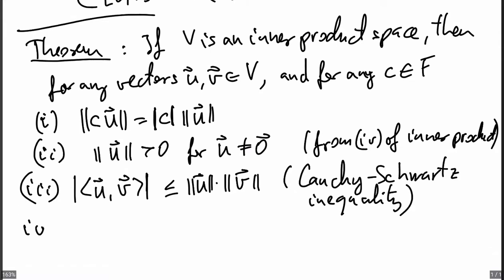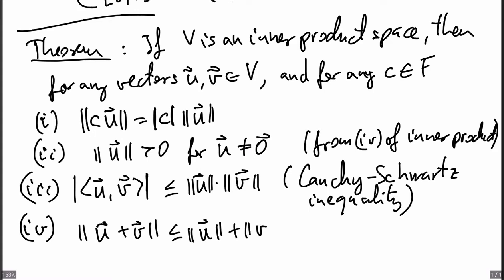And the fourth property: if you add together two vectors and then you take the norm, this is less than or equal to just adding together the norms of the two vectors. And this one has the name triangle inequality.